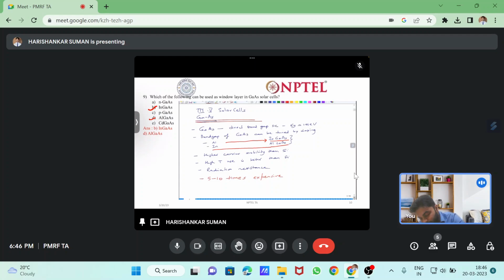So what are the features of this gallium arsenide? You can see this is the band gap and doping, higher carrier mobility than silicon, better at higher temperature than silicon, and radiation resistant. It is 5 to 10 times more expensive, so this is an expensive solar cell.